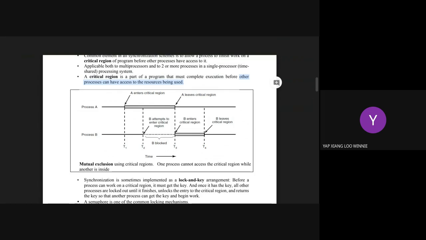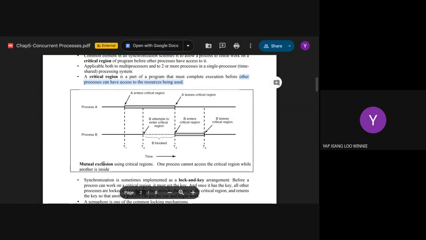Mutual exclusion means that when one process is in the critical region, no other process can enter the critical region. That's why at T2, when process B attempts to enter the critical region, it gets blocked because of mutual exclusion. So what is mutual exclusion?